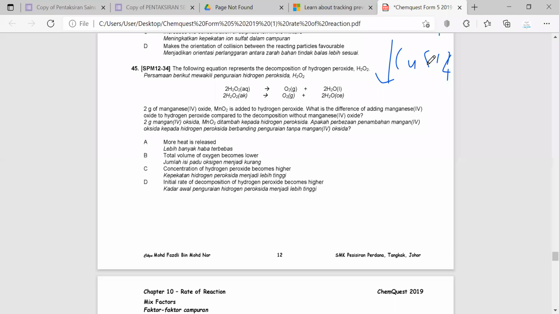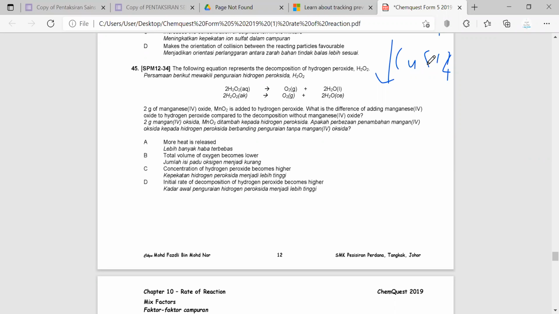45. When I put hydrogen peroxide, okay, what is the difference, if I put and I don't put? Do you understand the question?